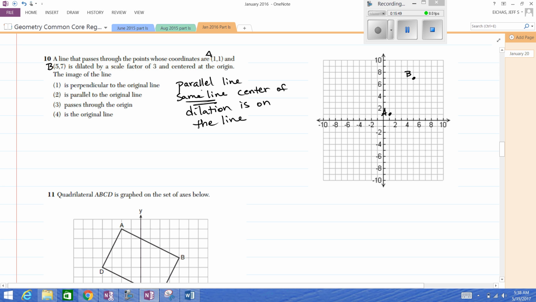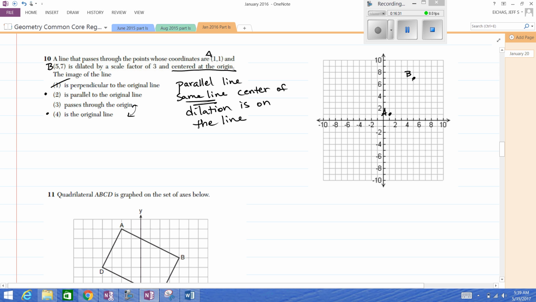The other possibility is we'll get a parallel line if the center of dilation is off the line. We might get the original line, so we don't want to throw that out. We might get a parallel line, and we actually could get a line that passing through the origin, but then these two are kind of tied. That's strange. Because if the center of dilation is on the origin, we'll get the same line. So those two probably are going to knock each other out. We're not going to get a perpendicular line. I'm leaning towards parallel, but let's make sure.